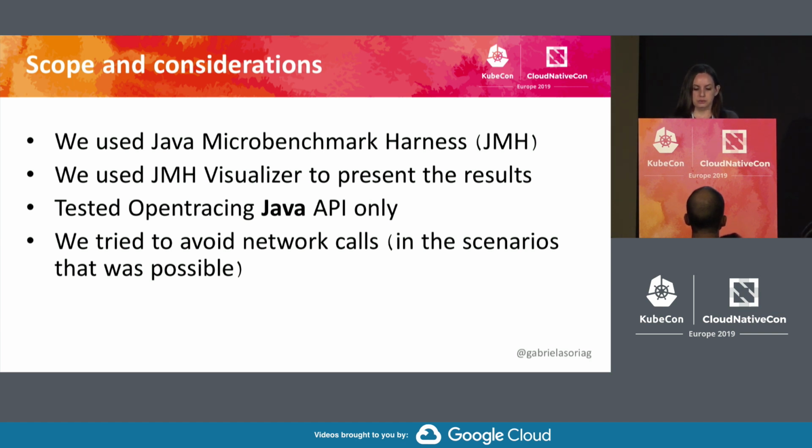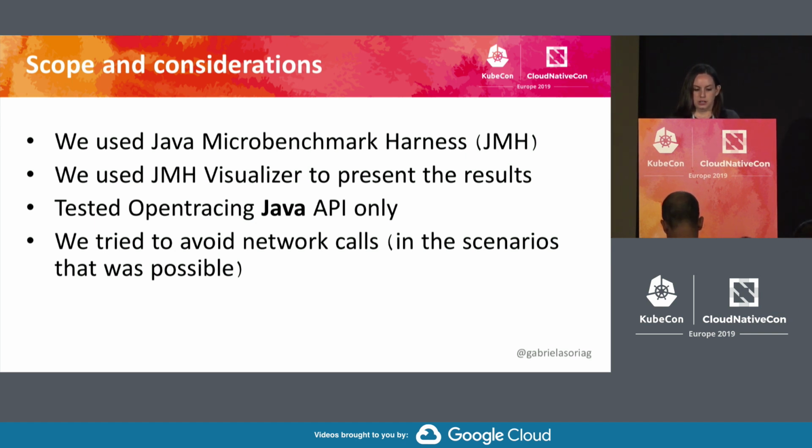The results that we got after the execution of the test, we processed with this amazing tool called JMH Visualizer. And the scope of the test that we built is just for OpenTracing Java, and we hope to extend to another language in the future.